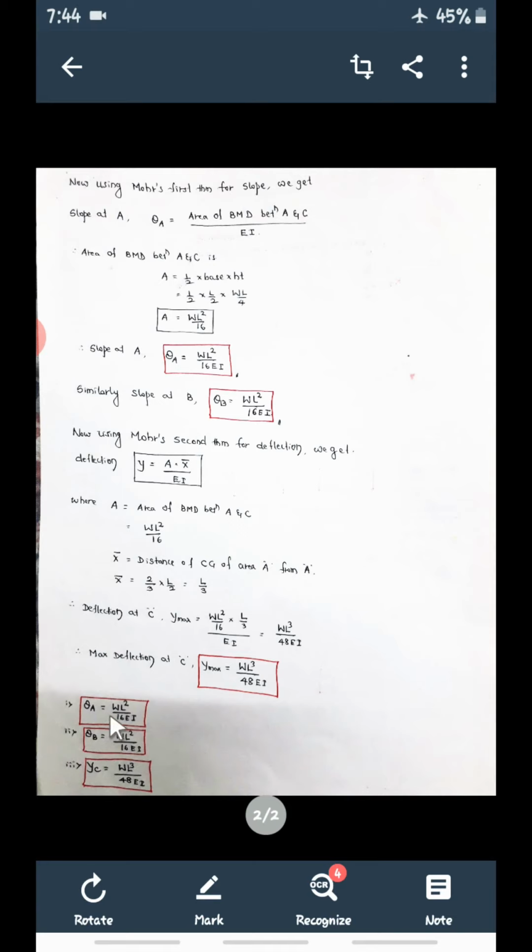Now see, lastly you can write down the final results. Slope at A, theta A, is WL square divided by 16 EI. Theta B is also the same, WL square divided by 16 EI. And deflection at center is WL cube divided by 48 EI.